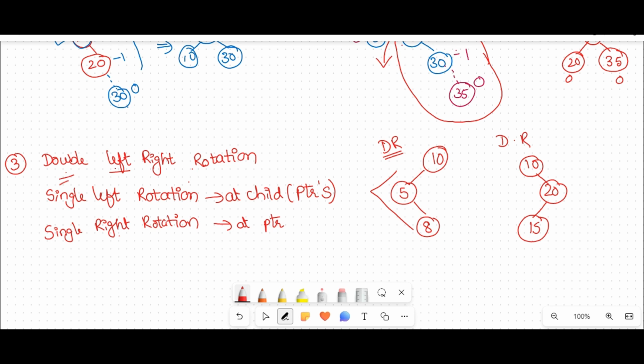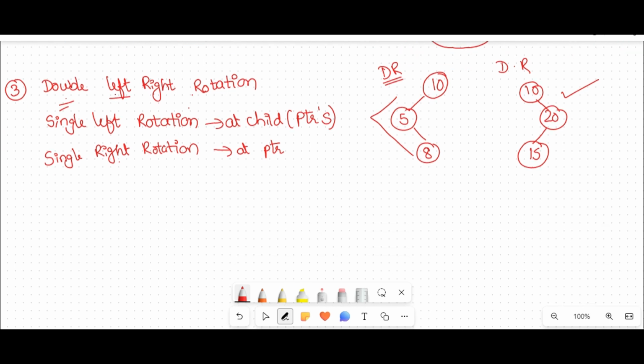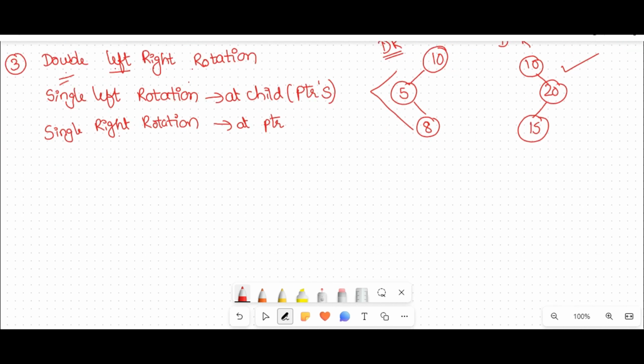Now for this, which tree will we consider? Consider this one: 10, 20. This is an AVL tree. Now insert 15. Now observe balance factors. Here it is 0, here it is +1, and here it is -2.